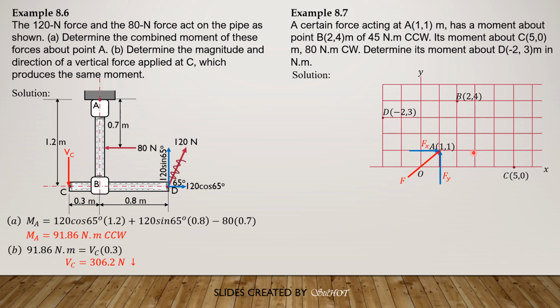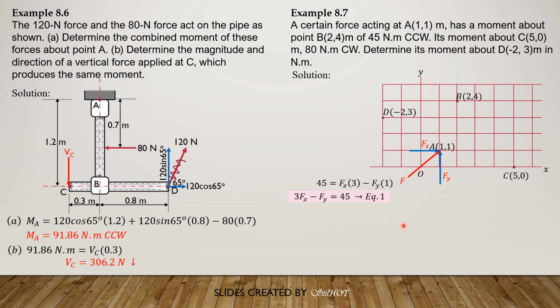The moment arm of Fx is 3 meters, as it's very obvious in these grids here, and the moment arm of Fy is 1. So therefore, 45 Newton meter counterclockwise is equal to Fx times 3 minus Fy times 1. So 3Fx minus Fy equals 45.